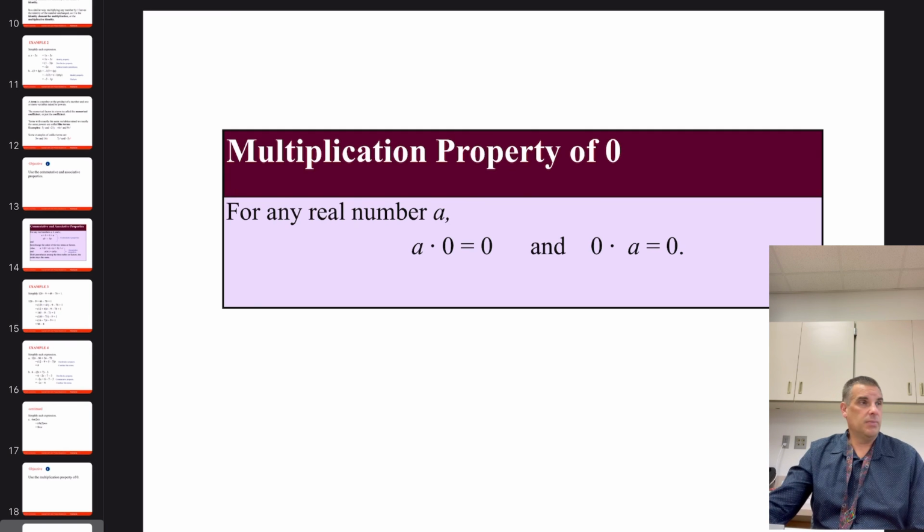Just keep in mind as you're going through this section that this is the last section of chapter 1. So if you're sitting at home and watching the video, it looks like you are having a test over this.